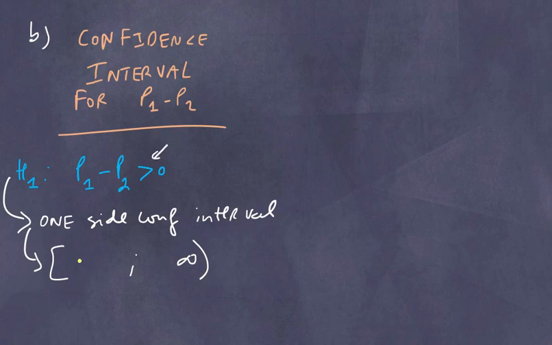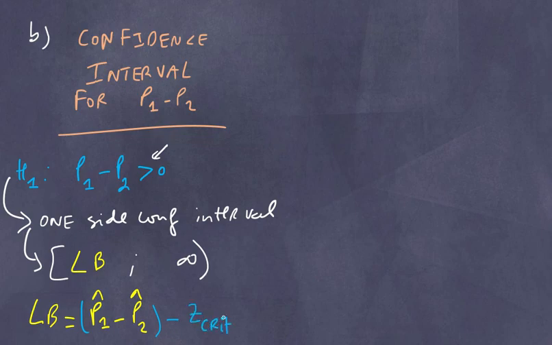Because of this. And that lower bound is P1 hat minus P2 hat, minus, it has to be a minus, Z crit or Z table times the standard error. But this is a different standard error.